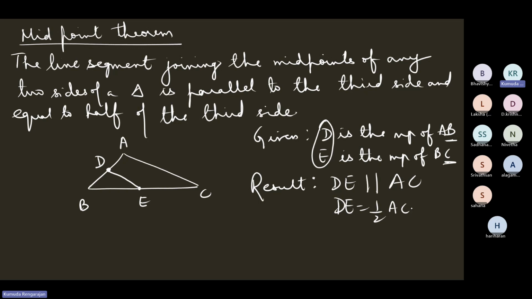These are the results which you can get using the midpoint theorem. So to use the midpoint theorem, you should have two things. You should know the midpoints of any two sides of the triangle.